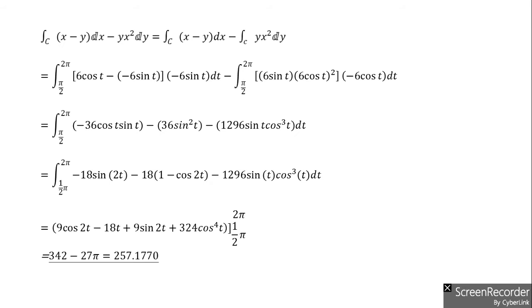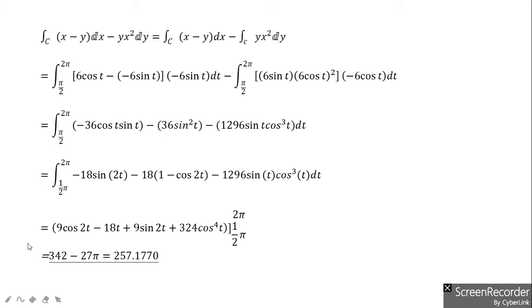Here is the line integral for this curve. In this curve, we will substitute x with 6 cos t and y with -6 sin t, and then we will calculate the equations.